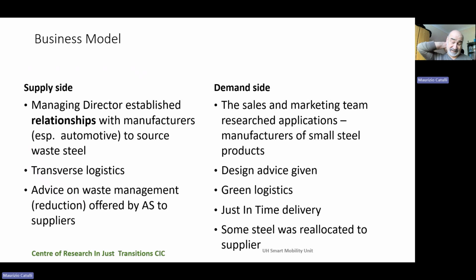So that's the first thing I wanted to cover. I wanted to explain what you do first of all when you get to design a circular business model: you've got to create a network, because a circular business model is made by service parts and tangible parts, but you need a network, and you also need an infrastructure because, of course, you need to move parts and waste on the road or on the rail.